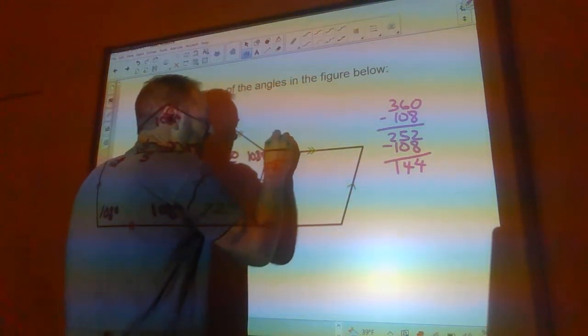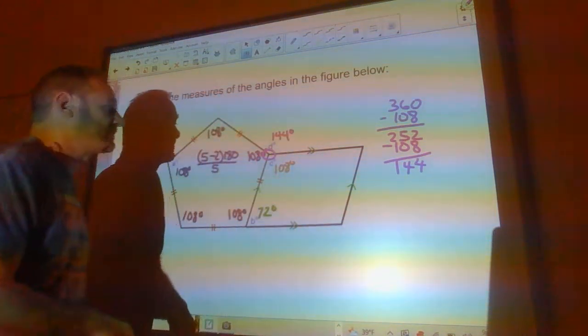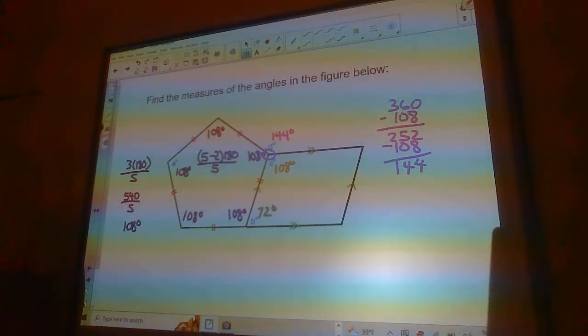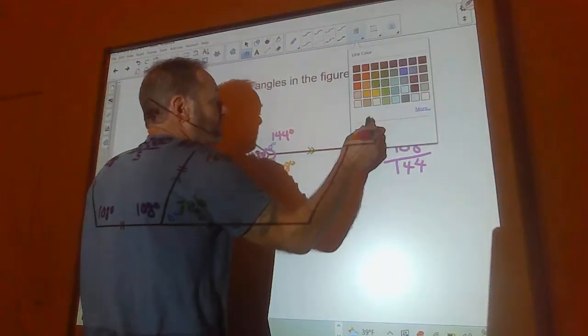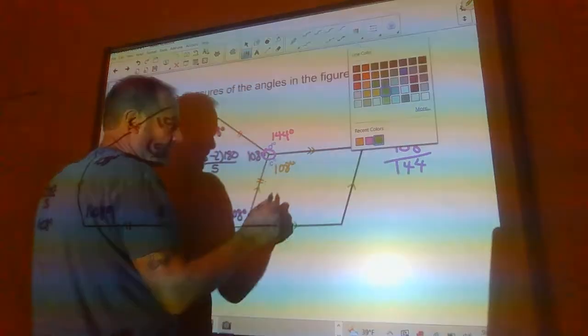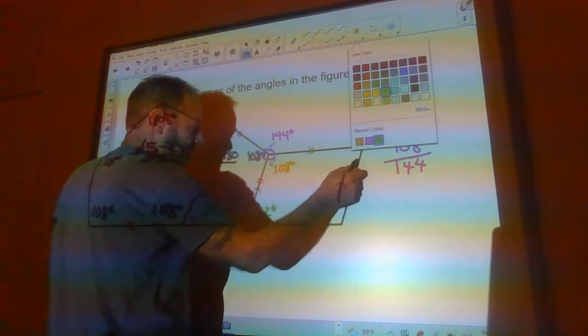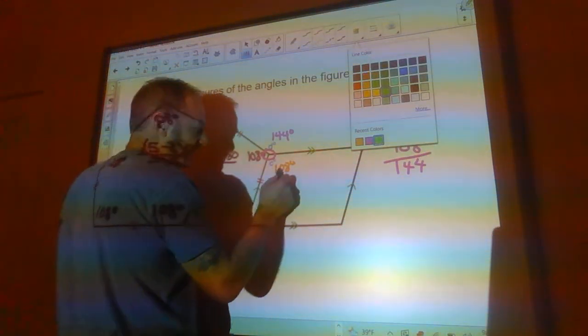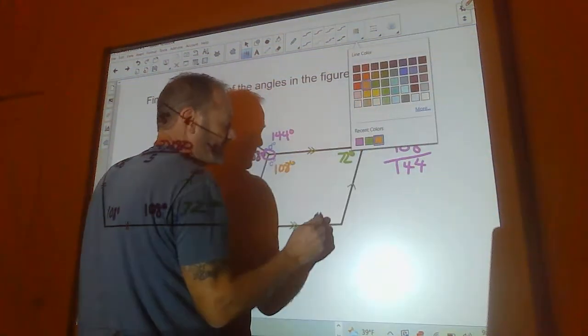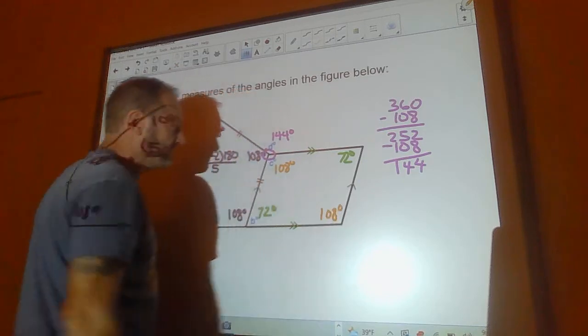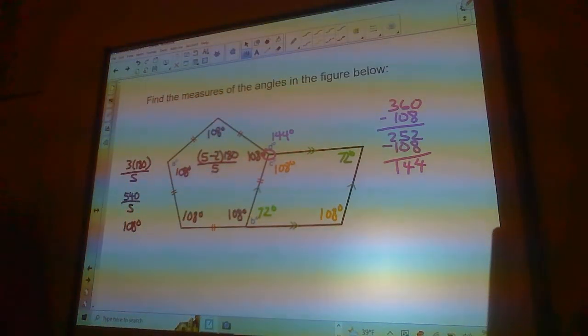So this angle has to be 144 degrees right there. And I've now found all the angles. I could even find these other ones. In a parallelogram, this is parallel to this side, so if this is 108, this has to be 72 right here, and then this has to be 108. I can solve this entire thing, and I didn't know one of the angles to start with.